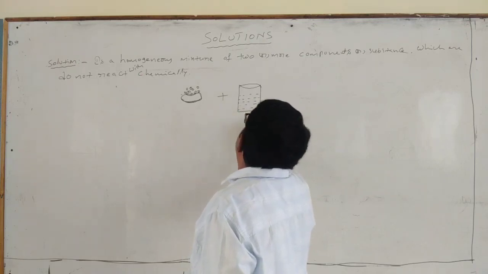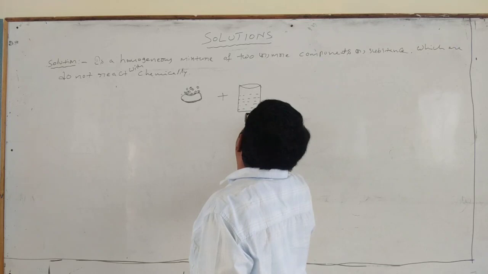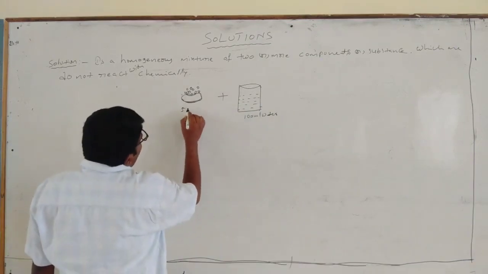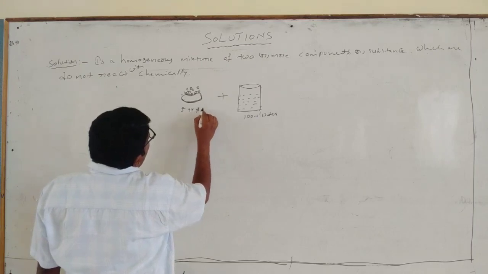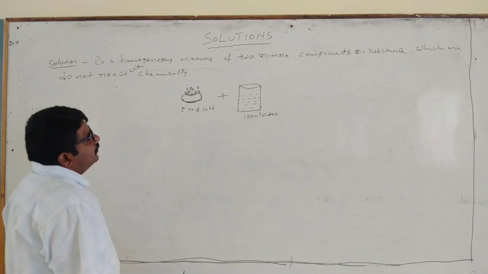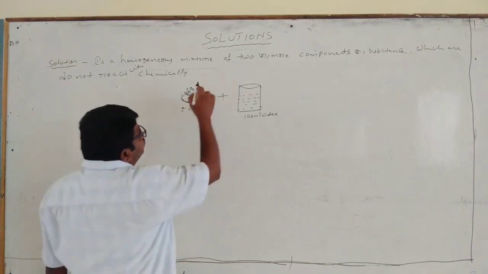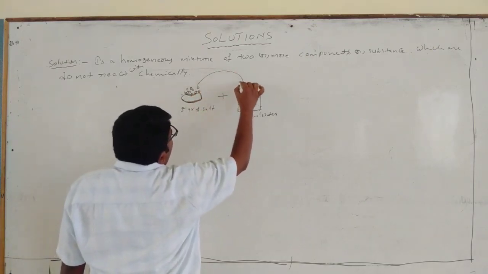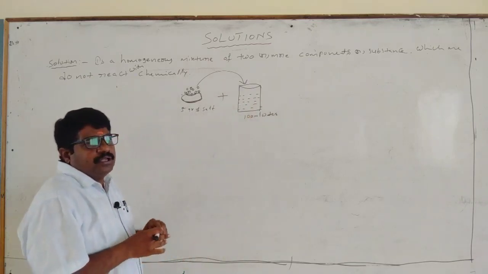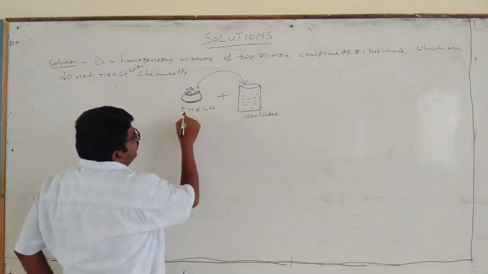This is 100 ml of water and this is 5 grams of salt. This 5 grams of salt is dissolved in 100 ml of water.